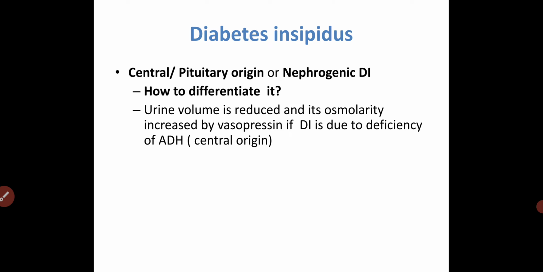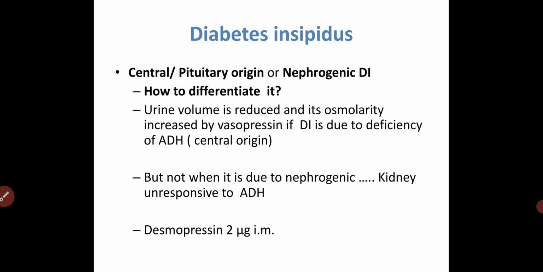So if we give vasopressin or desmopressin and the urine volume is reduced and osmolarity increases, it's of central origin. But if it is nephrogenic or kidney related, there is no response to the antidiuretic hormone. The kidney is unresponsive to the antidiuretic hormone.